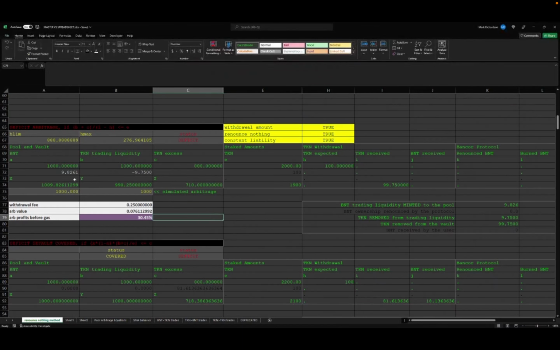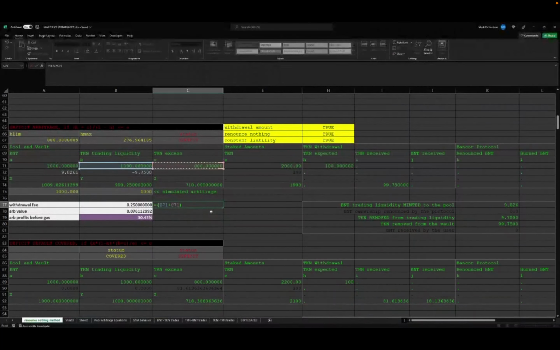We're looking at a situation where the protocol has a mild deficit. So we've got 1,000 BNT, 1,000 TKN in the pool, plus 800 in the excess, so 800 off-curve liquidity. And if you have a look at that number plus that number divided by the total stake, you can see that there's about a 10% deficit here.